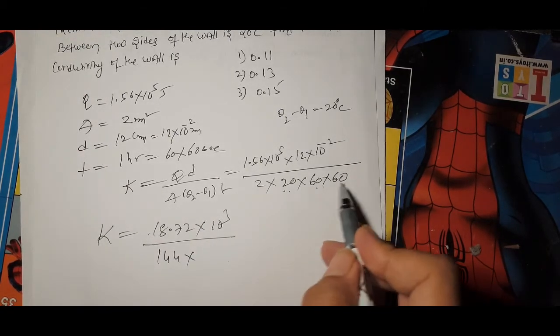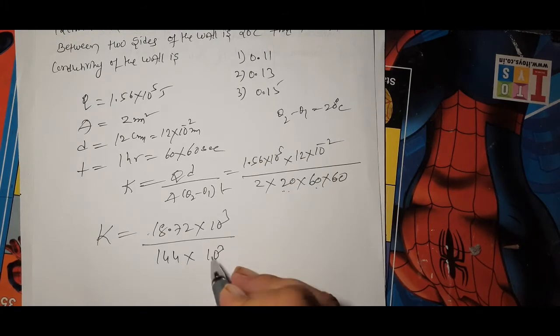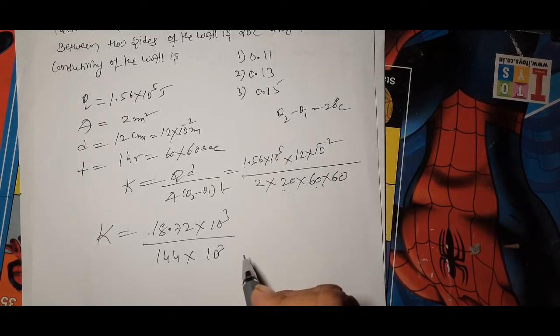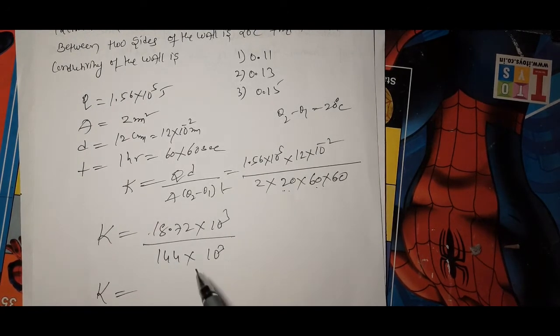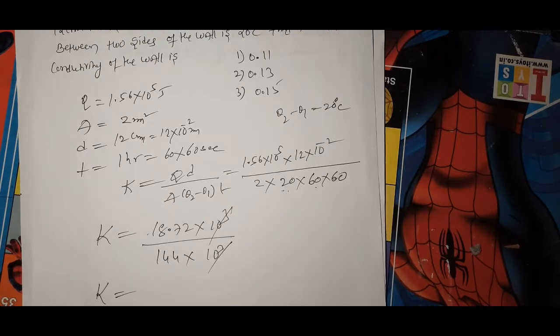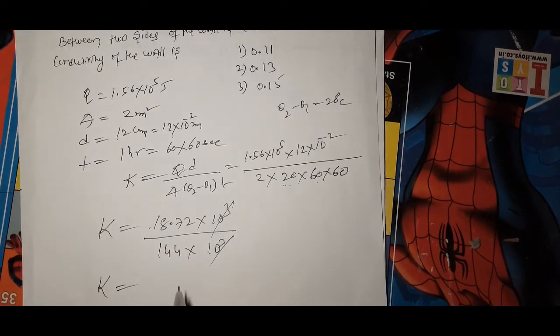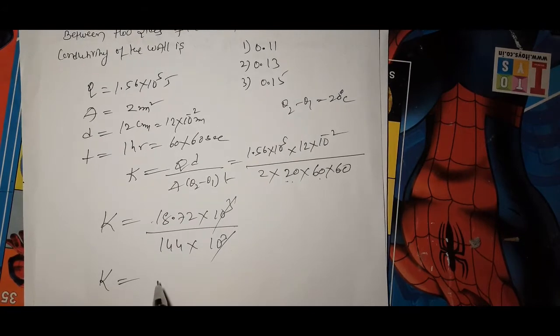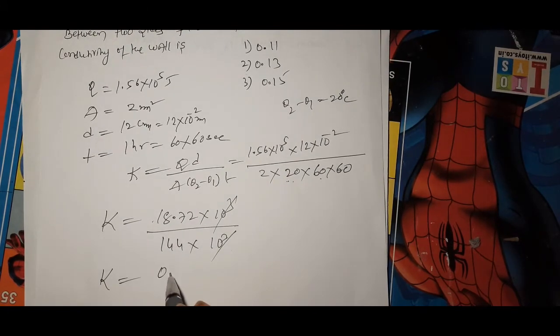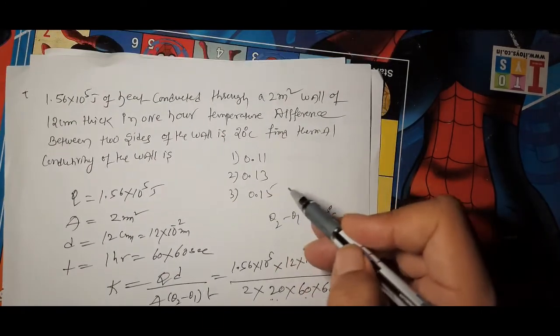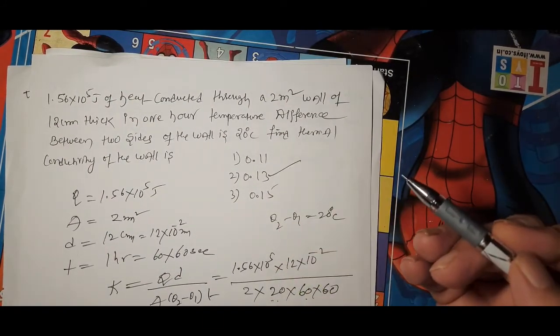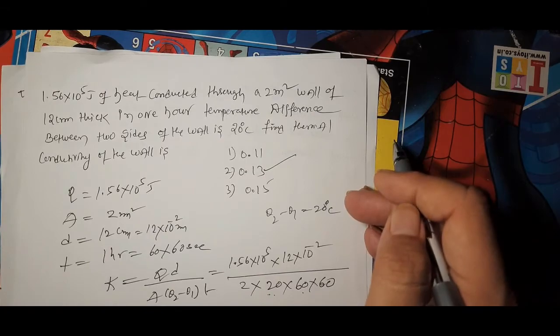Here 10, 10, 10, that is equal to 10 cube. Now, by solving this, the powers of 10 cancel, 18.72 divided by 144, we get the answer 0.13. So the correct option is 0.13. This is the correct option.